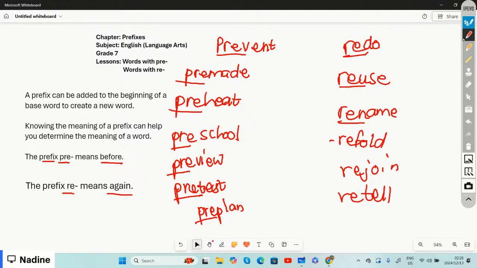These are but a few examples of the word pre and the word re. And remember, we said that once you add these words, either pre or re, to a base word, it changes the meaning of the word.